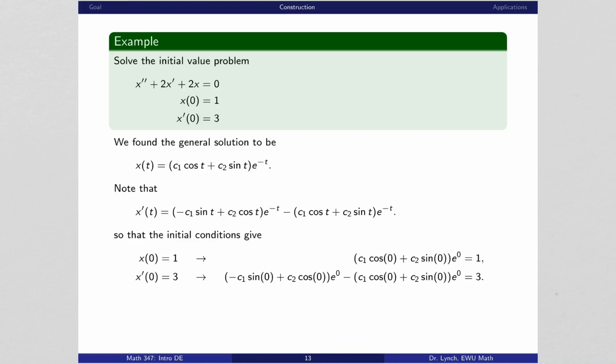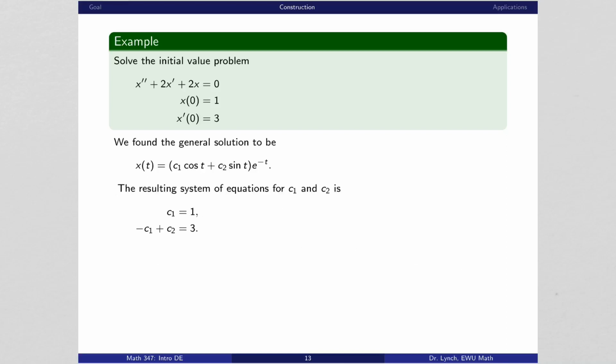Now, of course, cosine of 0 is 1 and sine of 0 is 0, simplifying the system quite a bit. Here is the resulting system of equations for c1 and c2. It's c1 equals 1 and minus c1 plus c2 equals 3, so that c2, you can see quickly, has got to be 4.